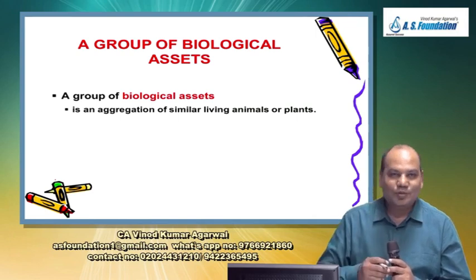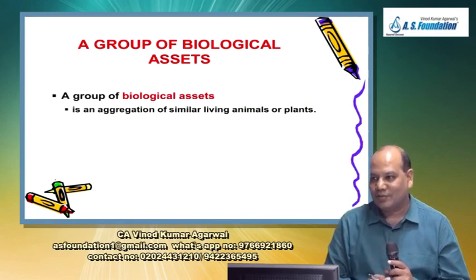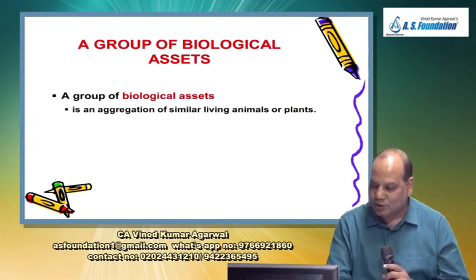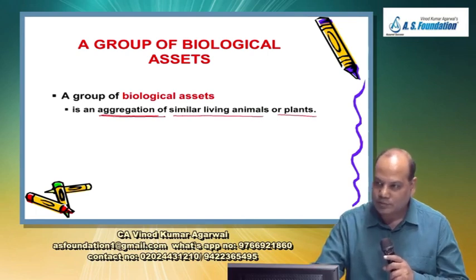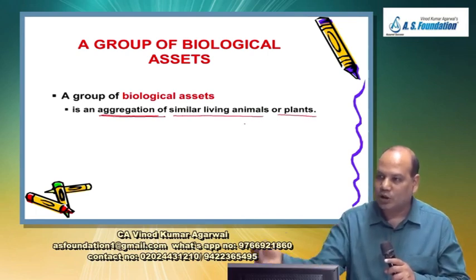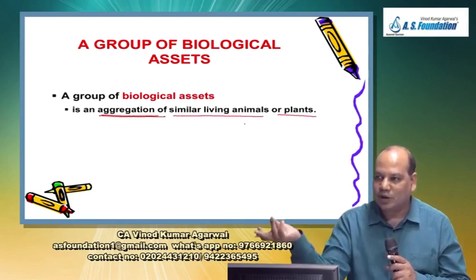Okay, you have lakhs of mangoes on the tree. Are you going to value each mango? Is it right? So the answer is no. In that case, what will we do? We'll do the valuation on the basis of aggregation of similar living animals or plants. So we will take the total of all mangoes multiplied by the value of one mango.